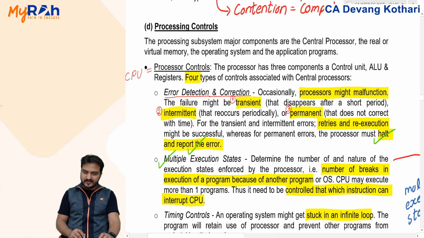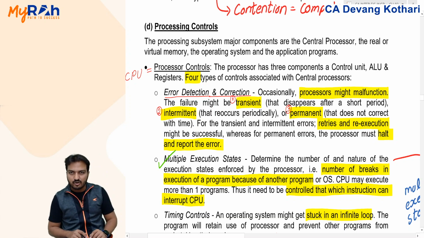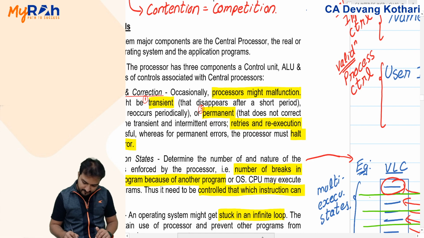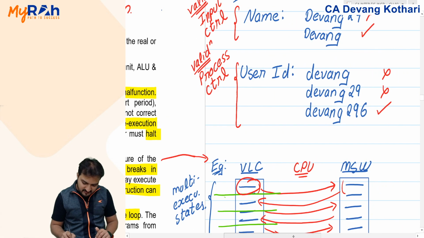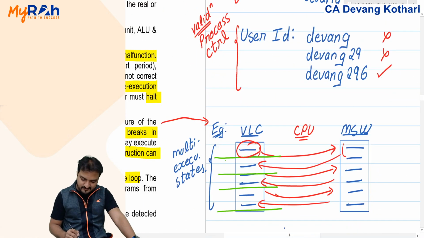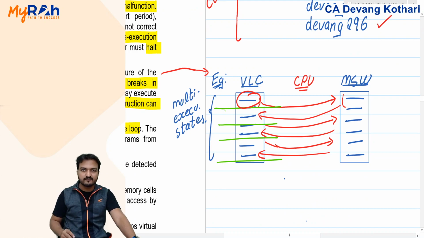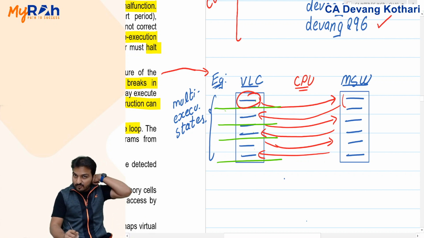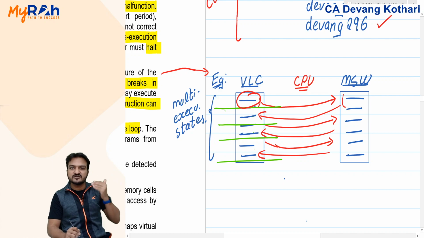Multiple execution states. Well, this was a little technical concept. I told you that when the CPU does any processing, it does not process the whole program continuously. Say the VLC player, if you are processing it, it will not process the whole program continuously. Rather, the CPU will process the program in multiple stages.